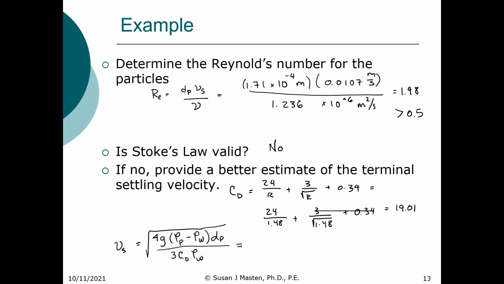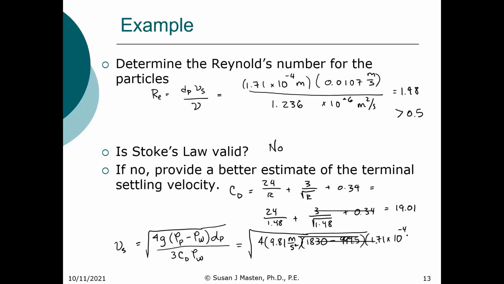And if we substitute in, then that is 4 times 9.81 meters per second squared times 1,830 minus 999.5 times the diameter of our particle. I apologize for these lines today.